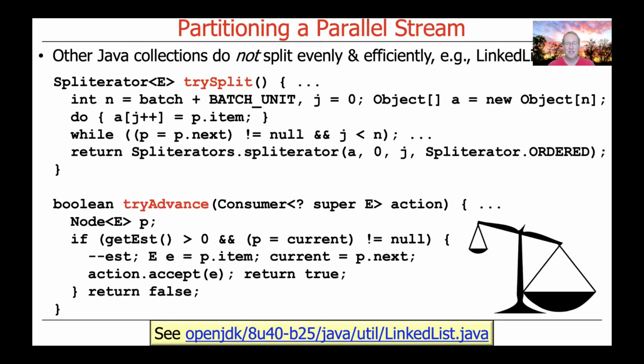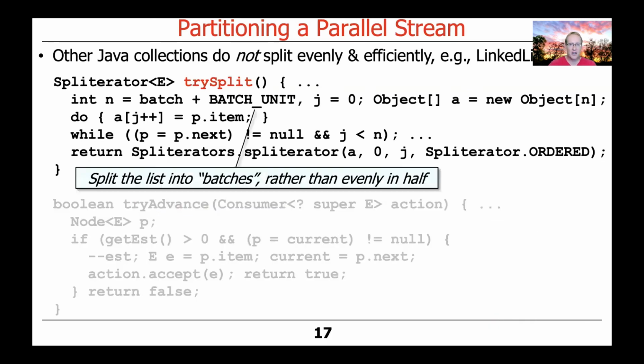However, there are other Java collections that don't split evenly and don't split efficiently. Probably the best example of this, because it's a nice foil or comparison point with Arraylist, is the so-called linked list splitterator. The splitterator for linked list is not as efficient, and one reason is that it doesn't split evenly very well, because to split evenly in a linked list you have to traverse the list one pointer at a time until you find the midpoint.